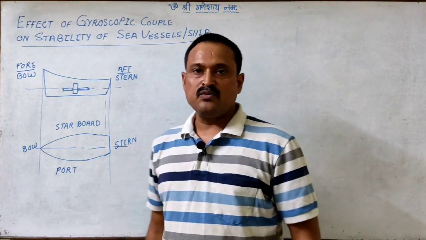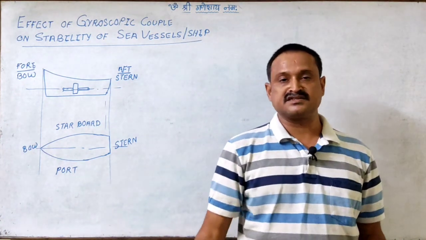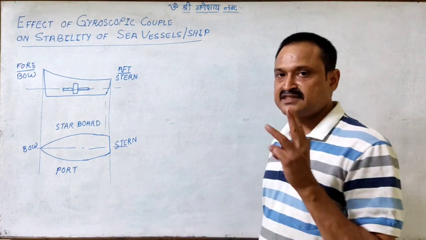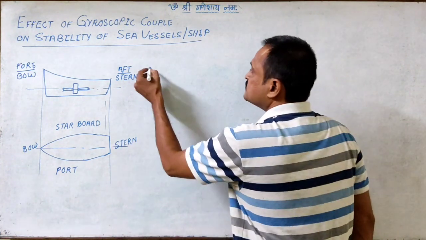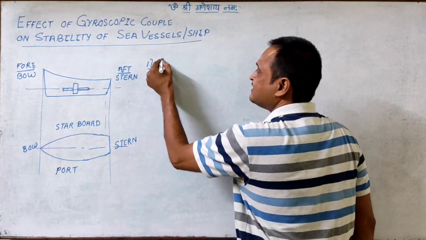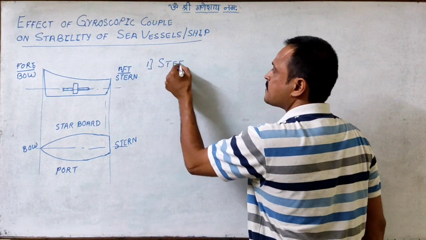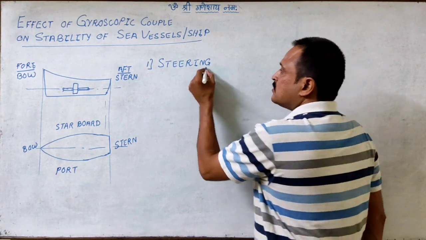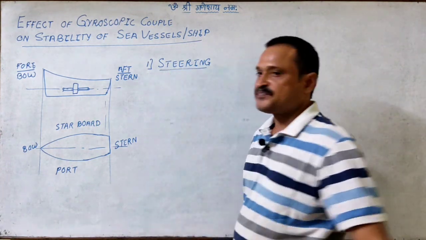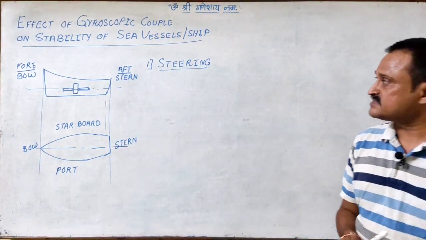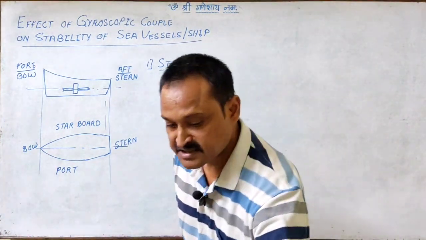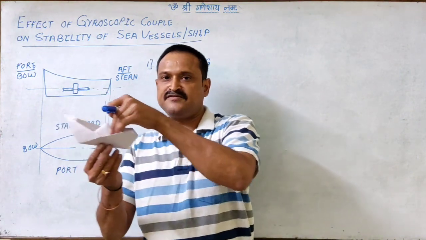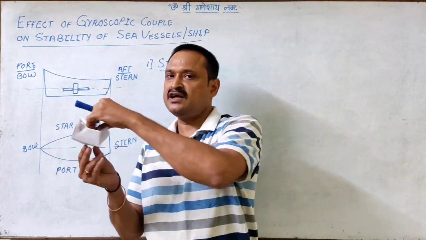Now, in what conditions is this stability getting affected? There are basically three conditions. First, while steering. This is the first condition when floating vessels get affected. Steering means when the boat is moving, it will steer either to the left or to the right.